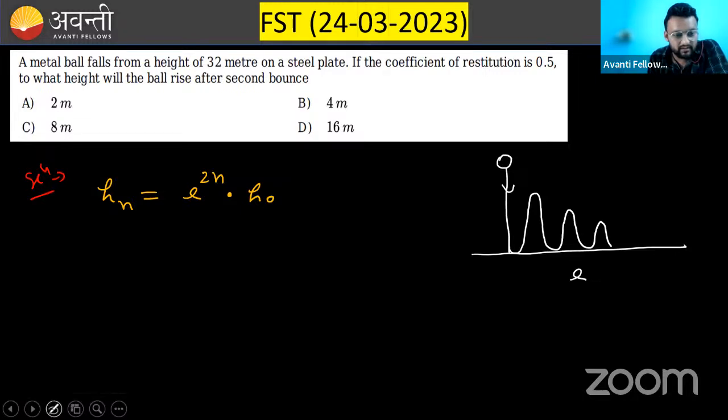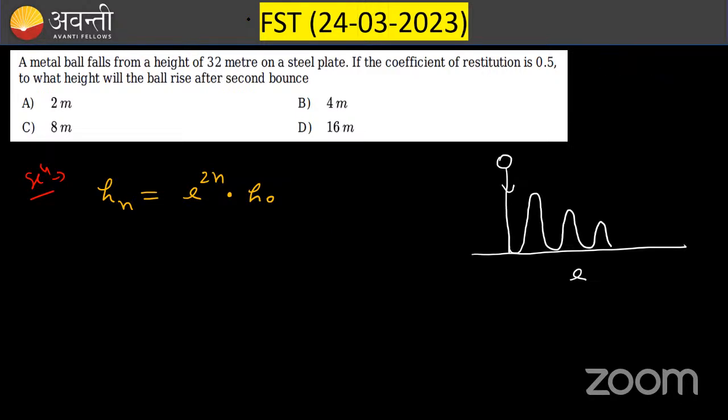Okay, 1 second. Am I visible? Is everything clear now?